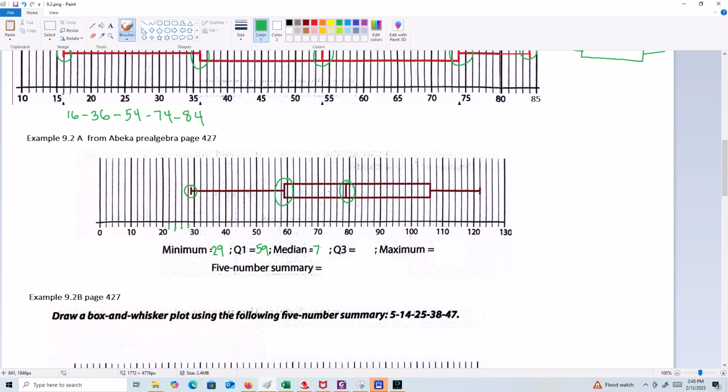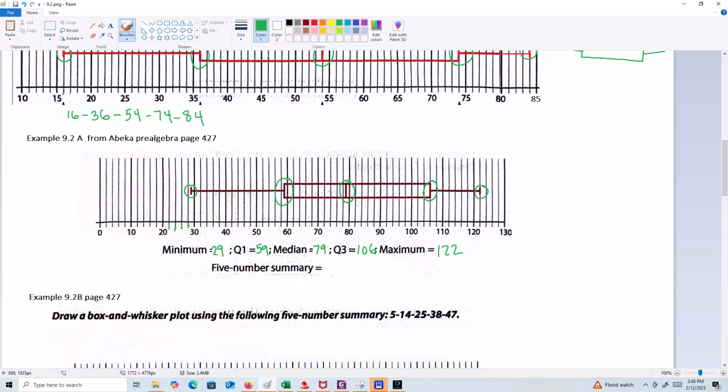So it is 79. The Q3 is right here, and it is 106. And then finally, the maximum number is right there, and it is 122.